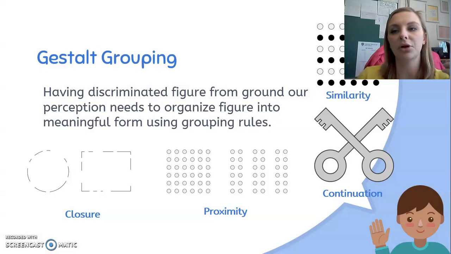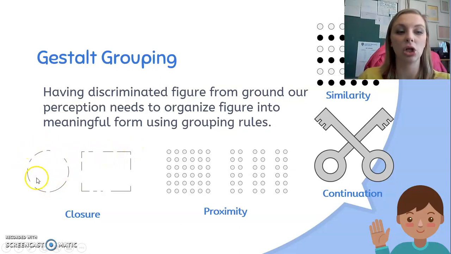The next are the grouping patterns. The first is closure. This is the idea that we like to form a whole. So in order for us to look at this, we see a full rectangle, not these little lines here.